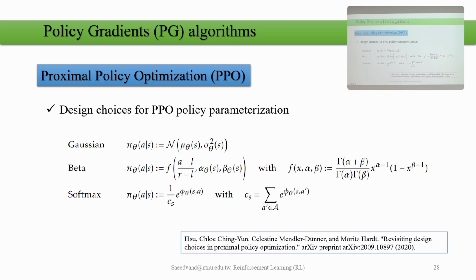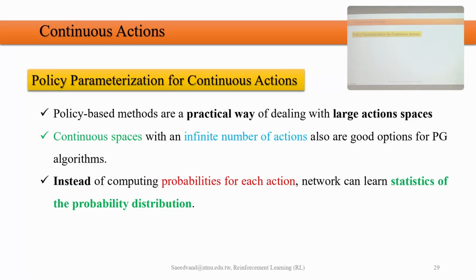And what does that mean? In the next slide, we are going to talk about the continuous action space. So far, whatever we explained, we mostly talked about discrete actions: left, right, up, down, or an action space like this with 360 actions. But what if we need to consider the action space as continuous to solve it?